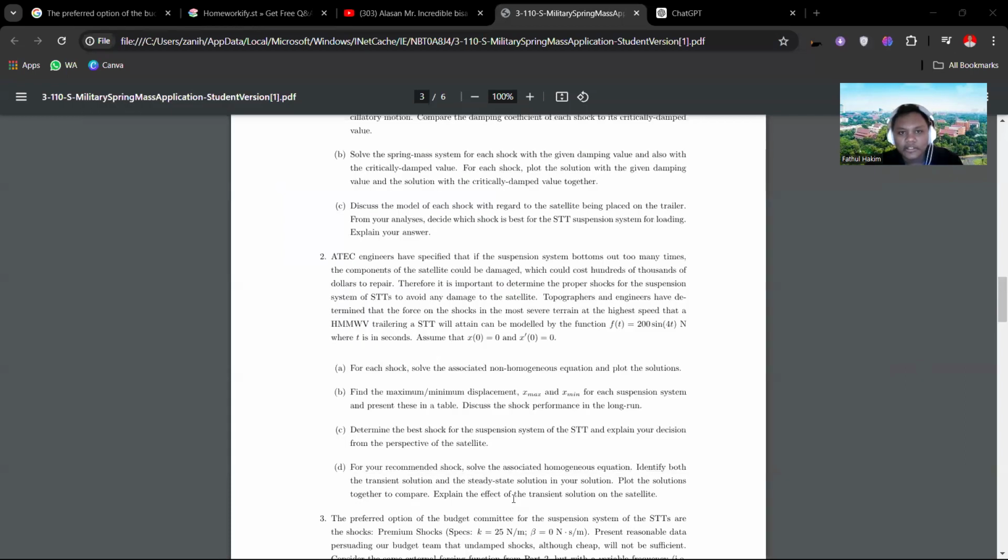The second intention is to find the maximum and the minimum displacement, then determine the best shock suspension, then we must compare between the homogeneous equation and the associated one. We plot it, and then we explain the effect of the transient solution on the satellite.